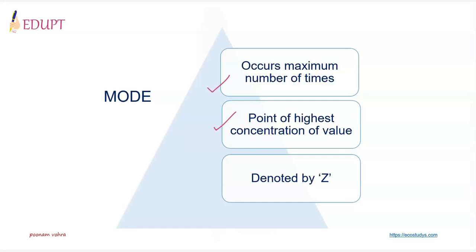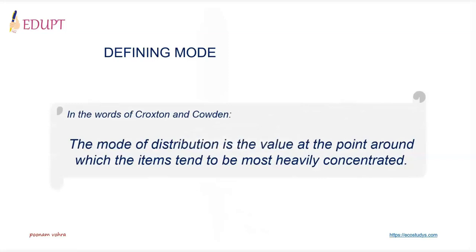It is the most common value found in a series and is denoted by Z. Defining mode in the words of Croxton and Cowden, the mode of a distribution is the value at the point around which the items tend to be most heavily concentrated.